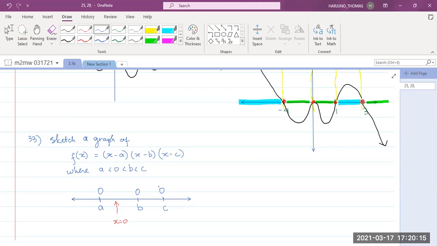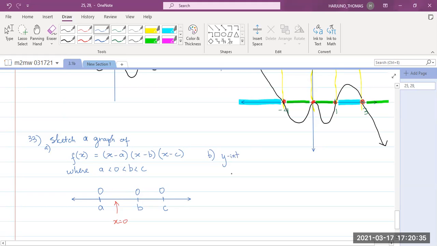Actually, I won't be able to answer this for now. I need to find the y-intercept first, which is part B. Find the y-intercept.